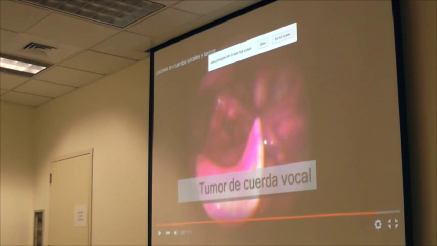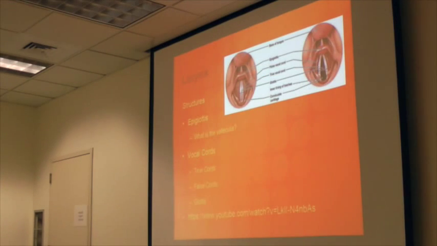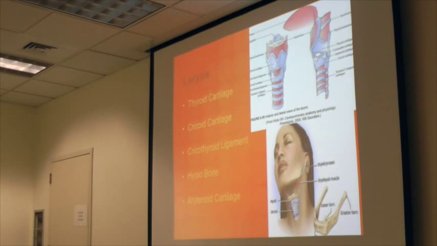I know that's not what they're showing, but check out the epiglottis. You finally get to see it. Okay, good enough. All right, we'll talk about the larynx and then we'll take a break.